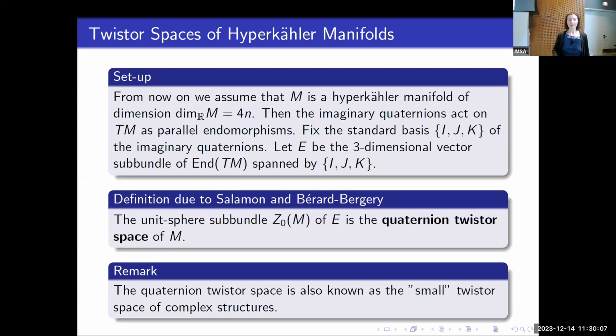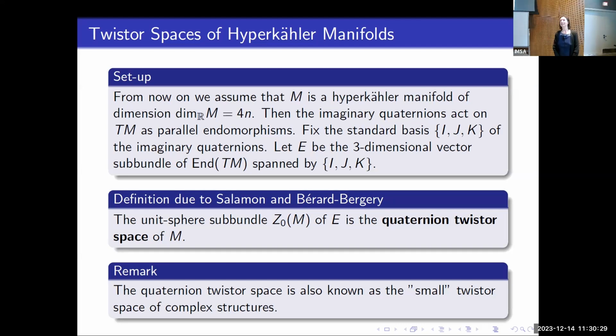So from now on, let's assume that M is a hyperkähler manifold of real dimension 4n. Then by the holonomy principle, you have the imaginary quaternions acting as parallel endomorphisms.